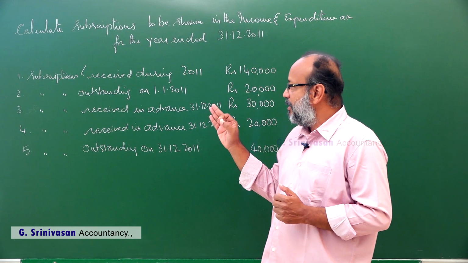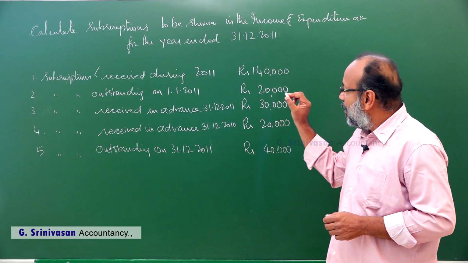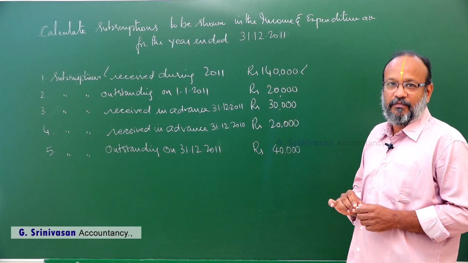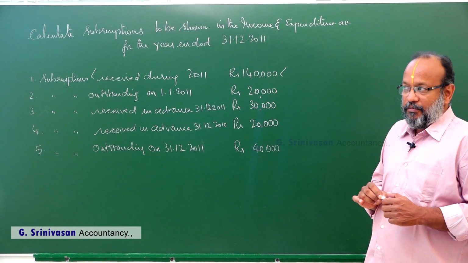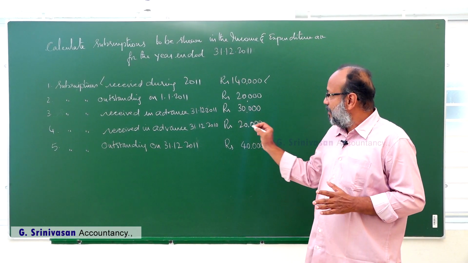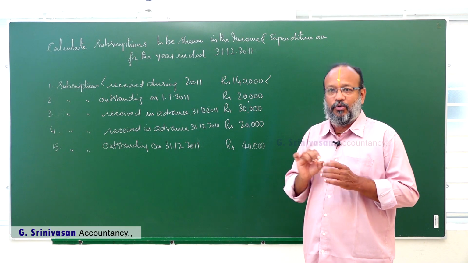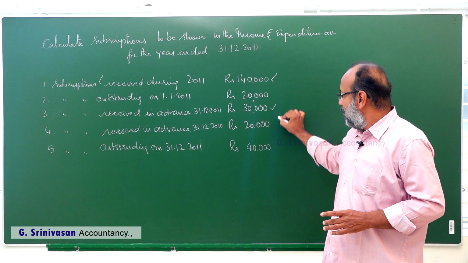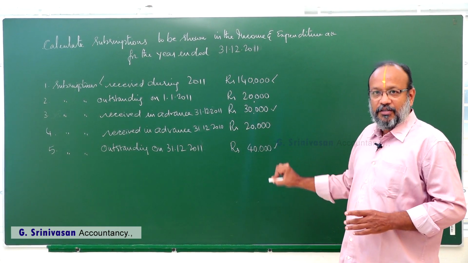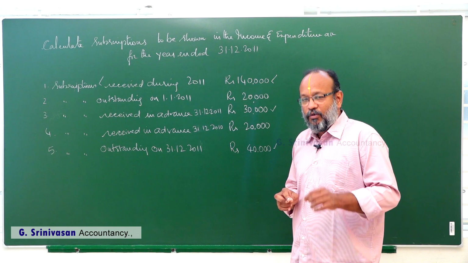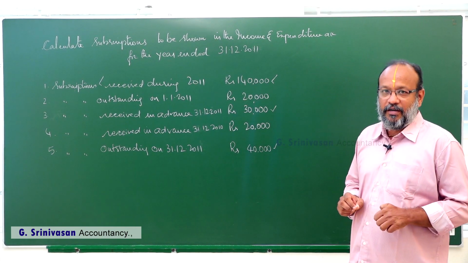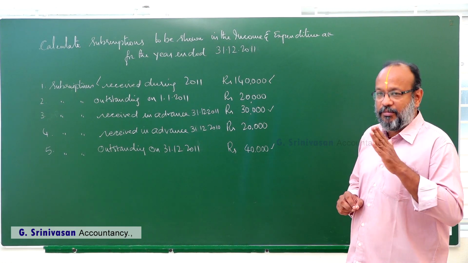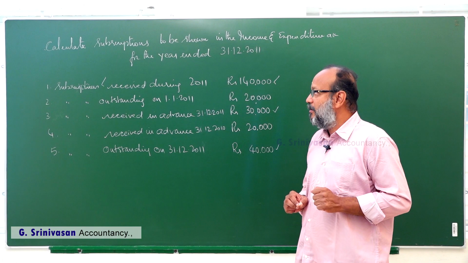So subscriptions is the main source of income, and this 1,40,000 is received for the entire year, right? But that 1,40,000 is not related to the 2011 alone. It contains some incomes which we have received in advance, something to be received. So all these things have to be adjusted, and whatever is the total income to be credited in that particular year will be calculated, and it has to be credited in the income and expenditure account, right?